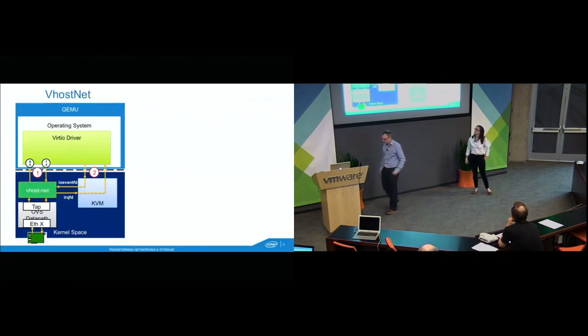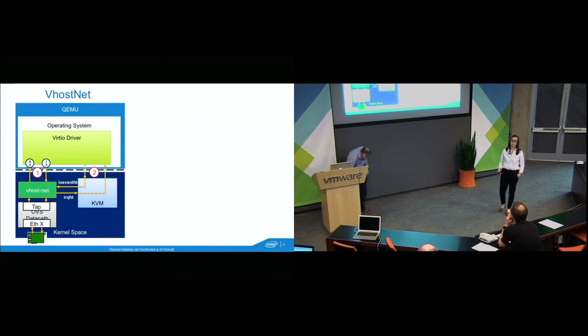The next guest access method we're going to look at is Vhost-net. Vhost-net is the predecessor to Userspace VHOST. It was introduced to address the performance issues of legacy virtio-net. With Vhost-net, the virtio-net implementation is offloaded from QEMU to a kernel module called Vhost-net.